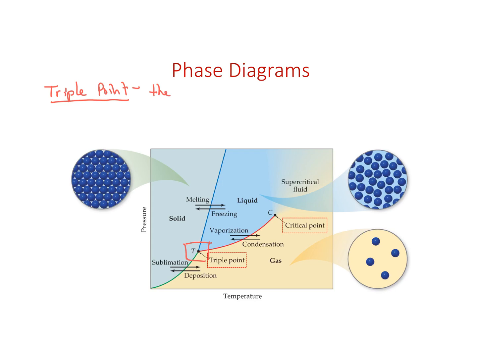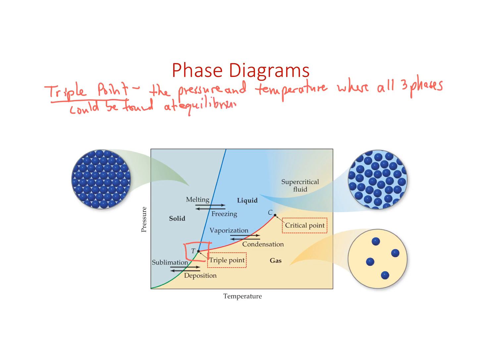The pressure and temperature conditions where all three phases could be found at equilibrium. So I'd expect to find at this exact point right here, at the triple point, the solid, the liquid, and the gas phase at equilibrium.